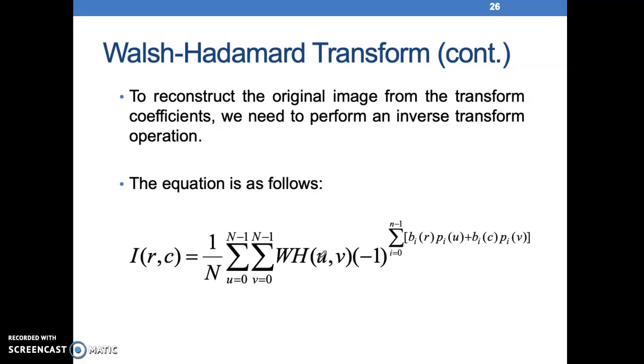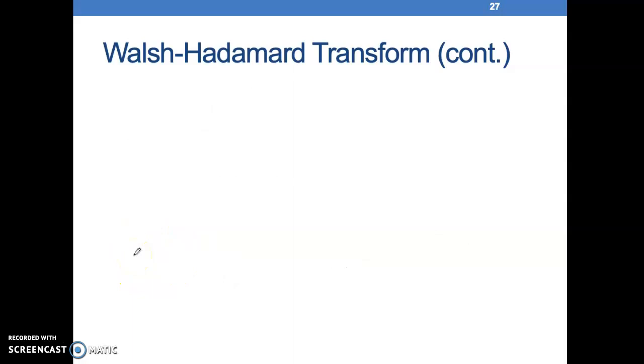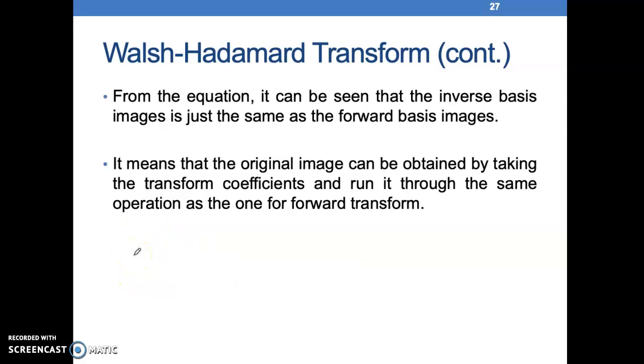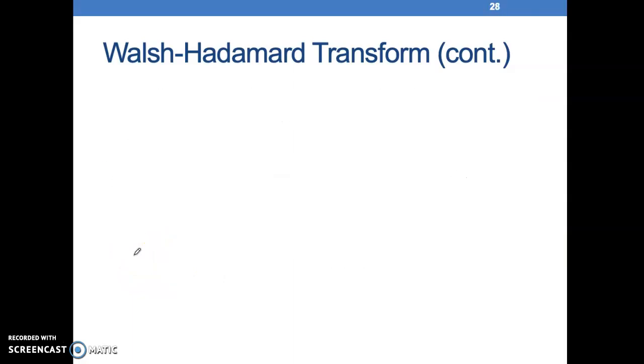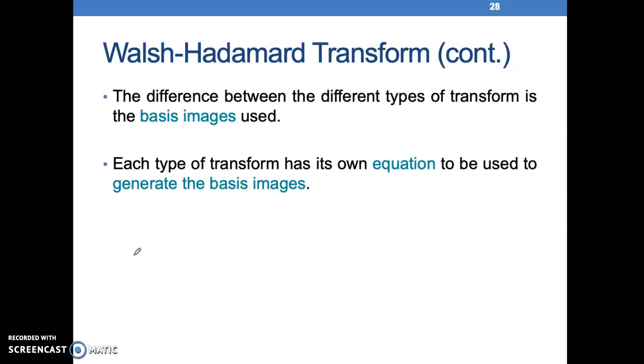So when you apply inverse, the WHUV, you will inner product with the same basis image, then you will get the IRC. Okay, so the difference between the different type of transformation is just the basis image.